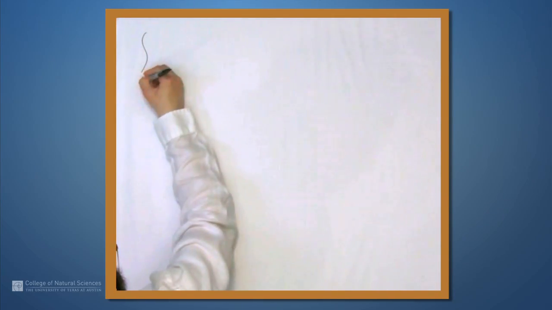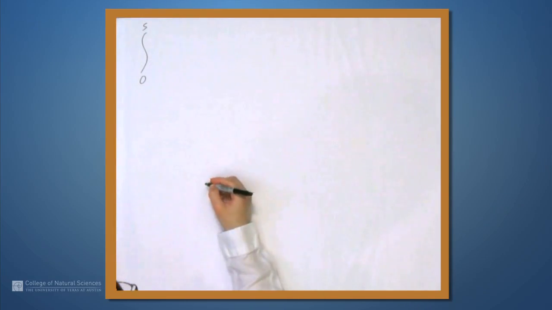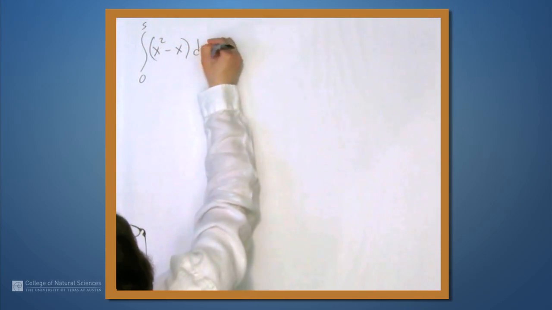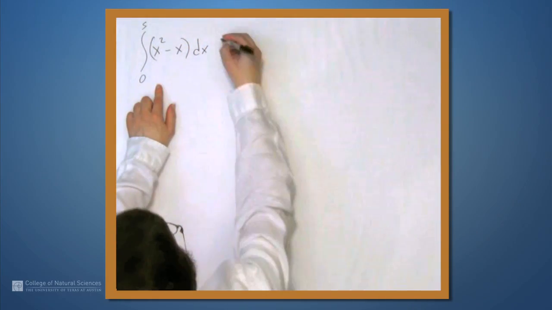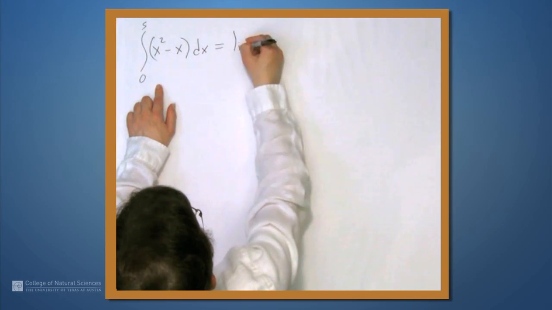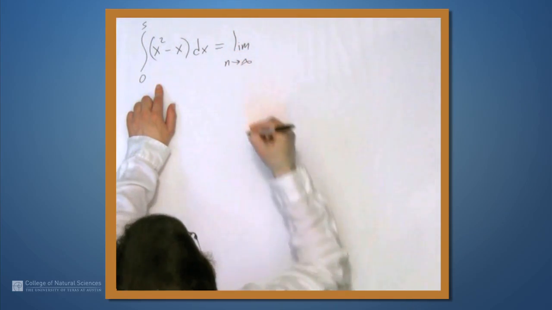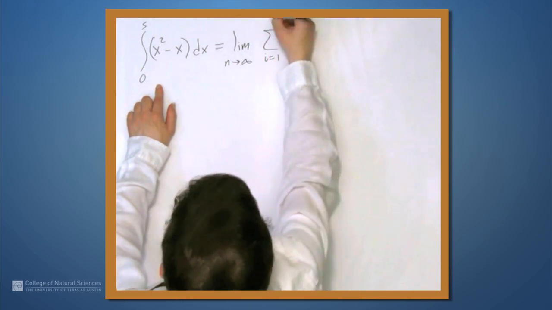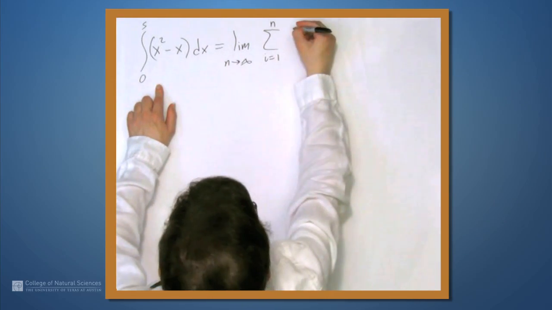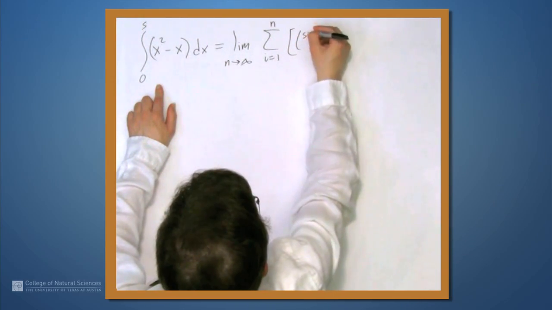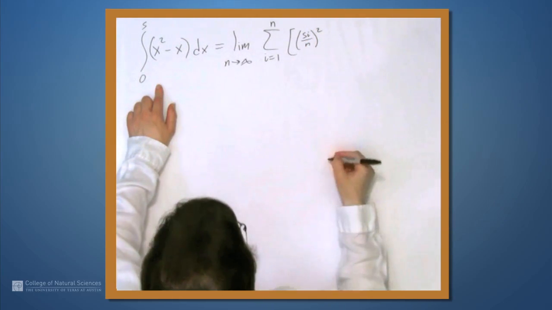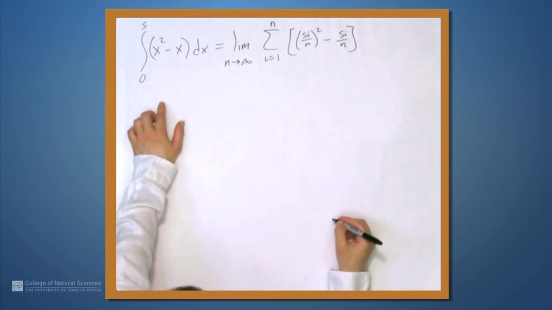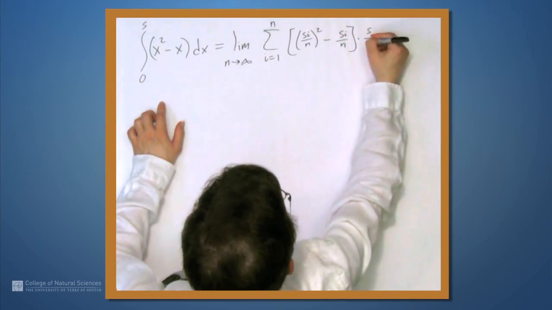So the area under the curve, the integral from 0 to 5 of x squared minus x dx. Right? This is the notation we use for area. This is, by definition, the limit as n goes to infinity of the sum from i equals 1 to n of that thing we had before, 5i over n quantity squared minus 5i over n times 5 over n.